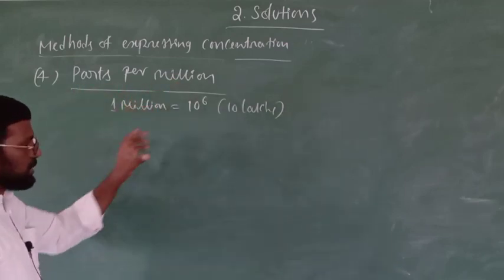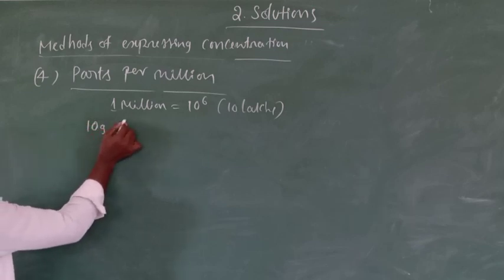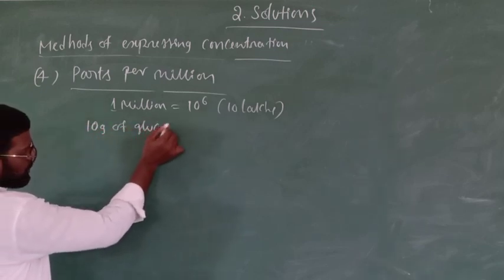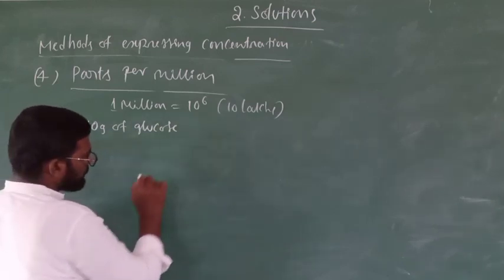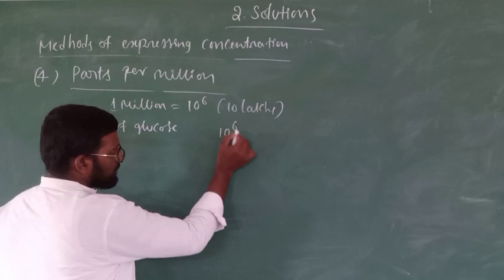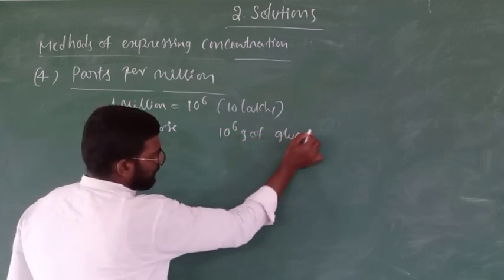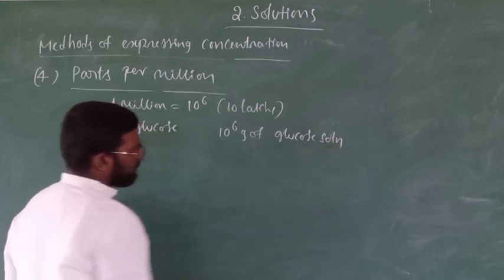So to understand this, I'll give a small example. If 10 grams of glucose is dissolved in water, so that we got 10 power 6 grams of glucose solution. What we have done here?